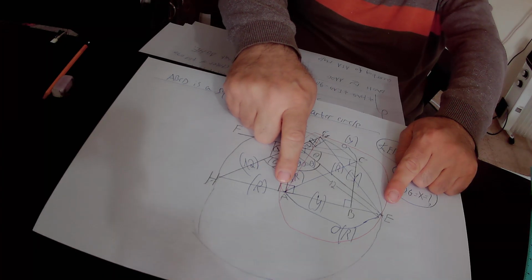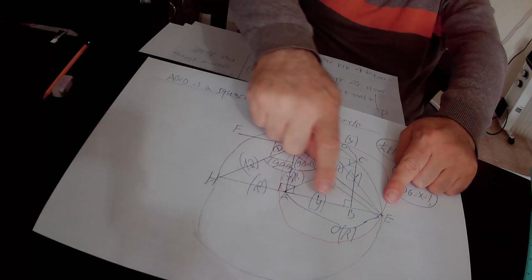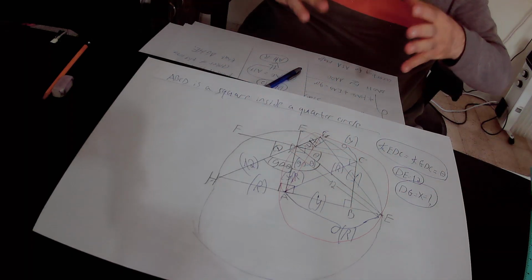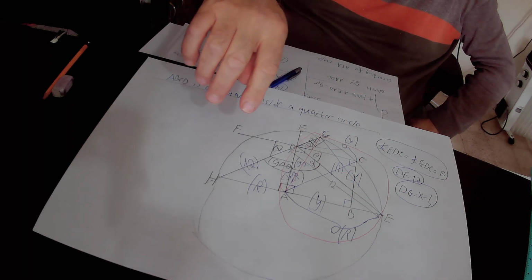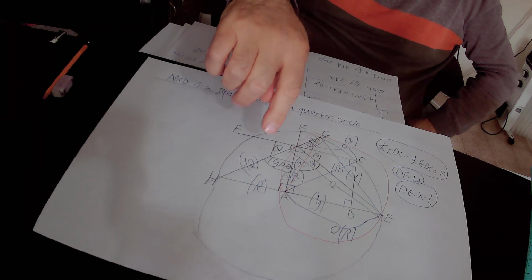We already found out that AE equals R. So in conclusion, we have a circle that circumscribes triangle GHE.